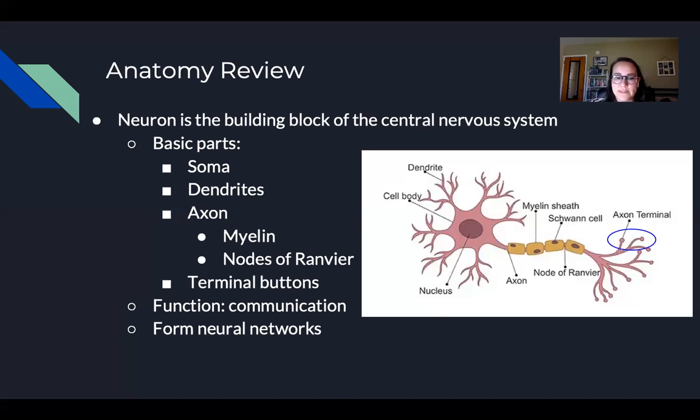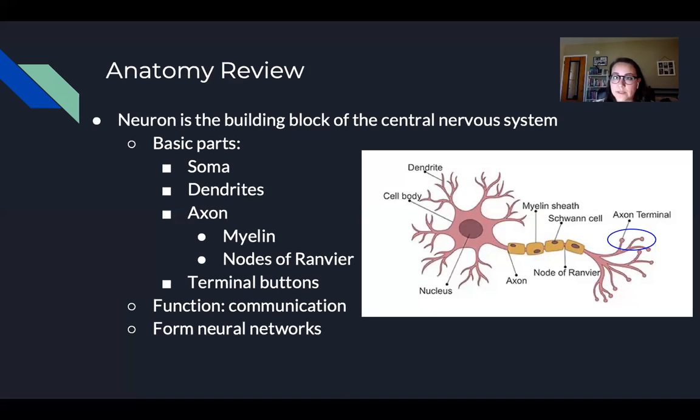The terminal buttons and the dendrites of the next neuron that they connect to actually don't touch in this connection. There's actually a small gap of cellular fluid, and this gap is called a synaptic gap or cleft. You've also heard it called a synapse as well.